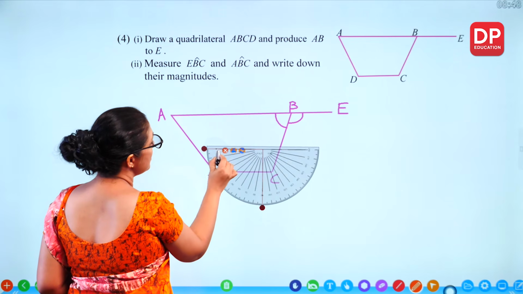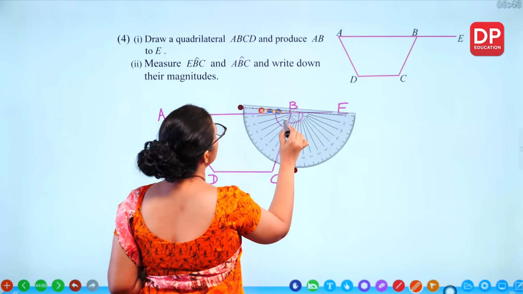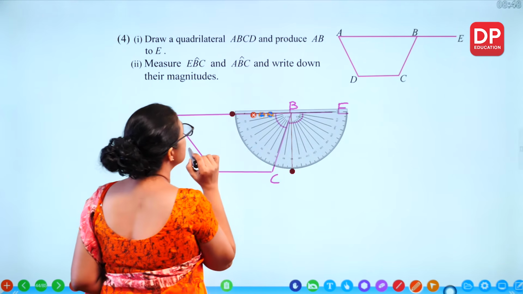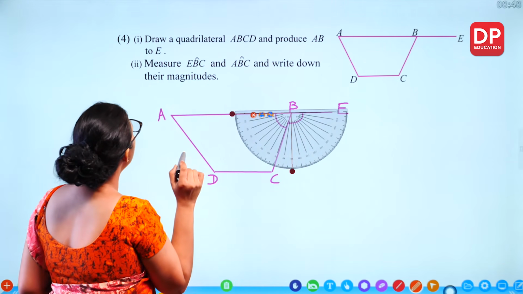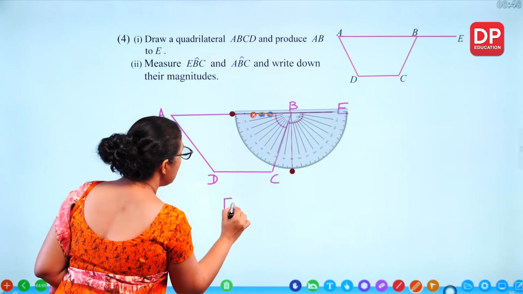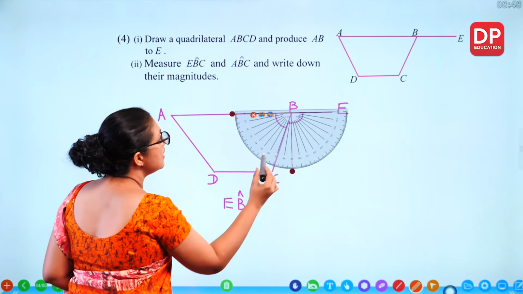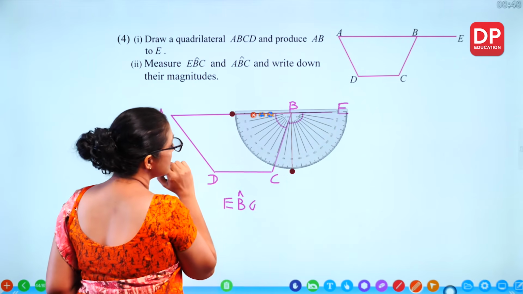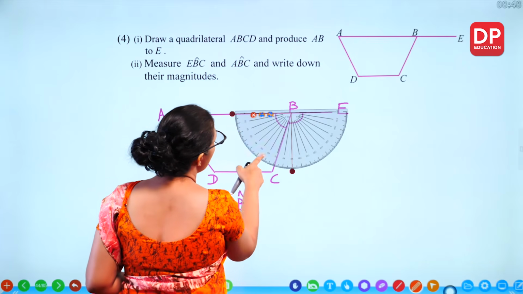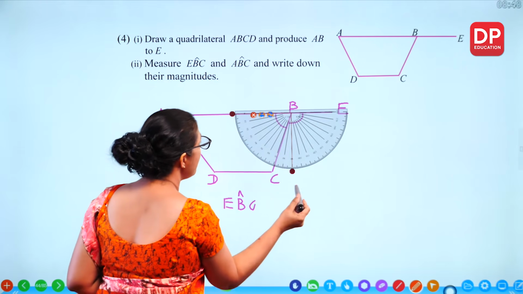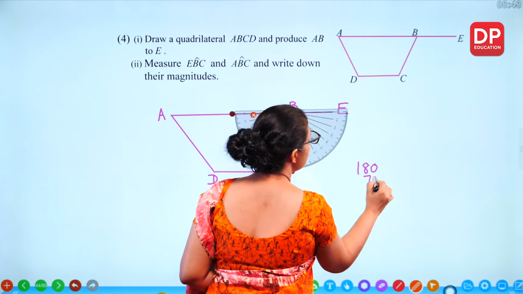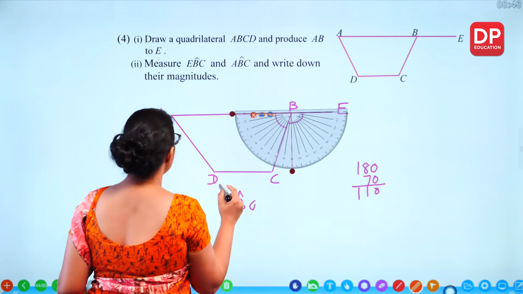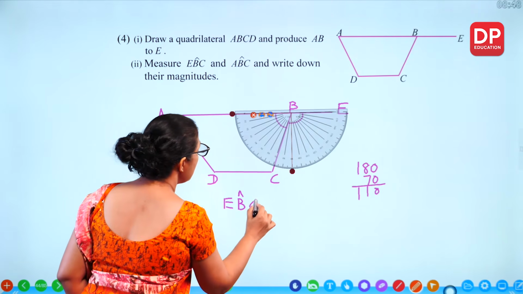So we need to turn this way to measure this angle. So what's this angle? So we'll first write down EBC angle. So this way, from here, that's 70. So 180 minus 70, you get 110 degrees for EBC.